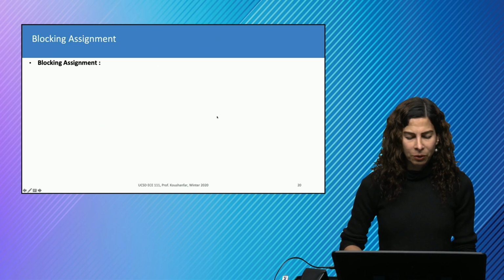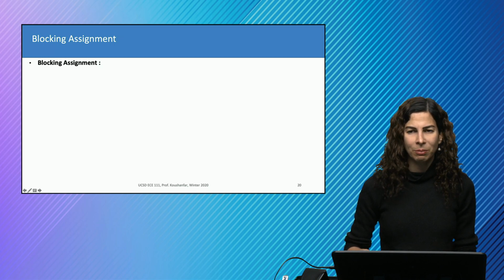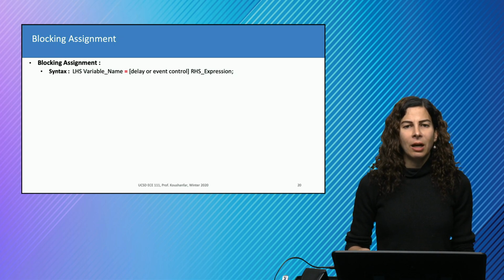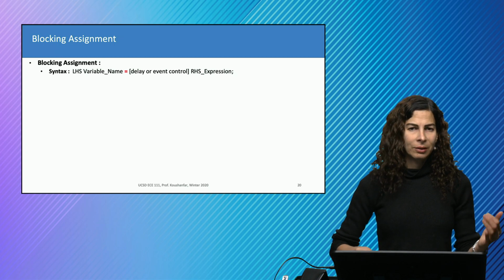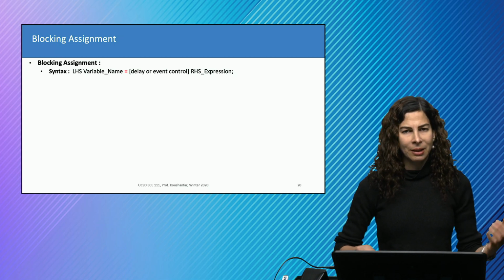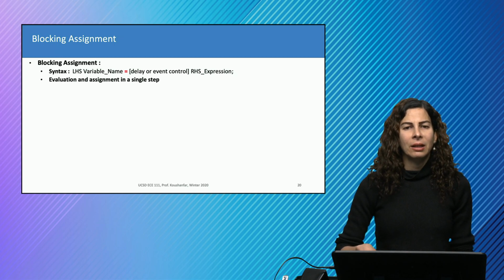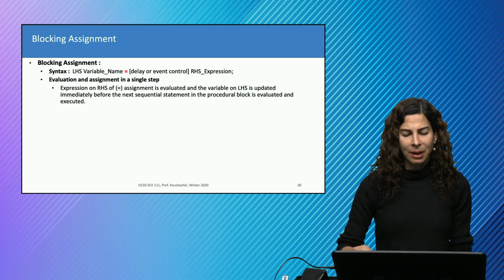Let's go through more technical details to understand the basic difference between blocking and non-blocking statements. The left-hand side variable of a blocking statement gets set equal to the right-hand side, and this evaluation and assignment is done in a single step.